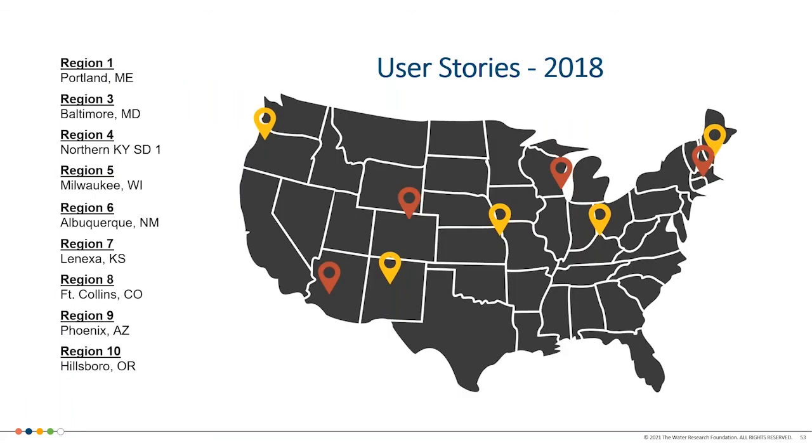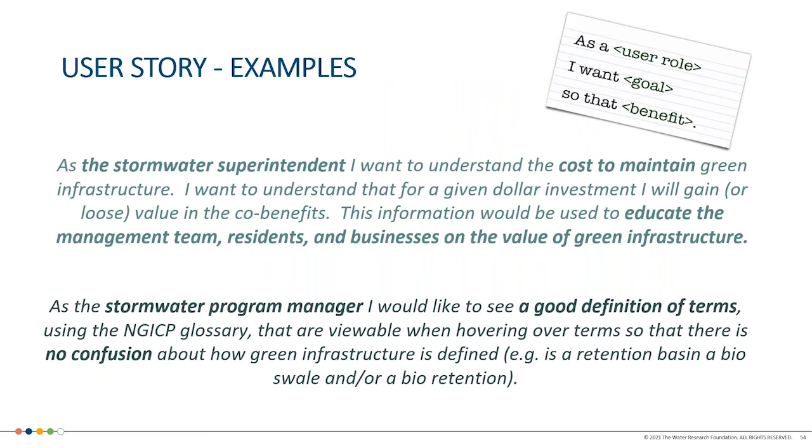Again, we tried to meet each EPA region, and an example of our user stories is: as the stormwater superintendent, I want to understand the cost to maintain my green infrastructure so that I can educate the management team, residents, and businesses on the value of green infrastructure in the community. That's what a user story is, and those stories helped Sybil and her team develop the CLASIC tool so that it meets these needs of the audience.